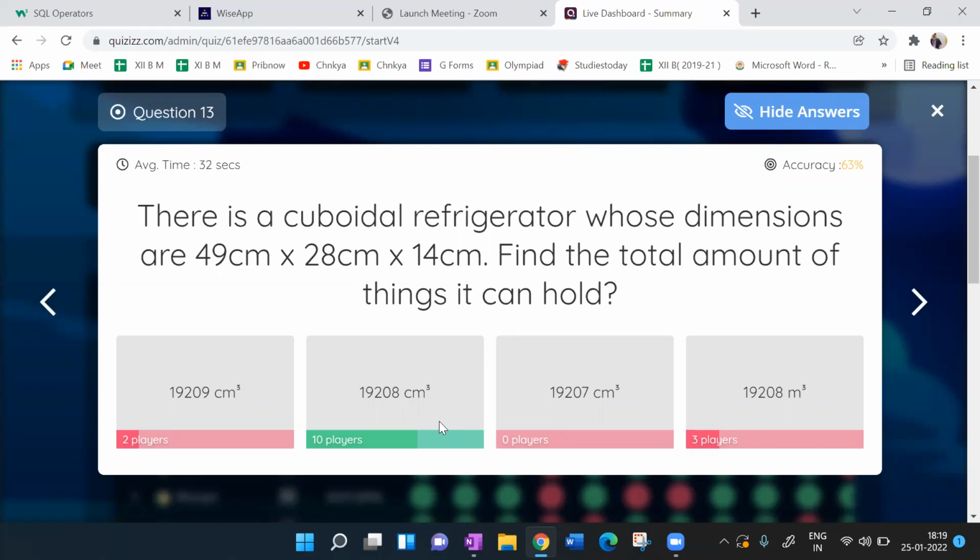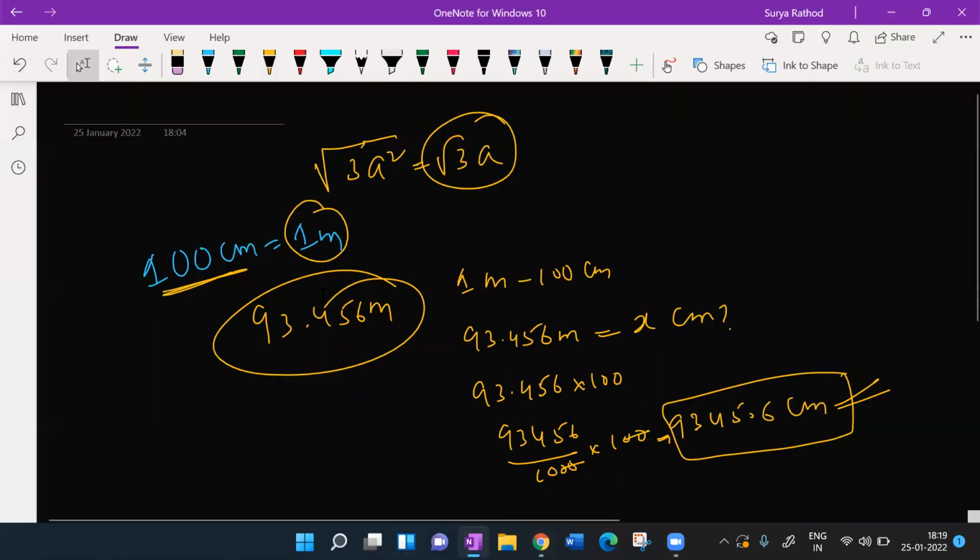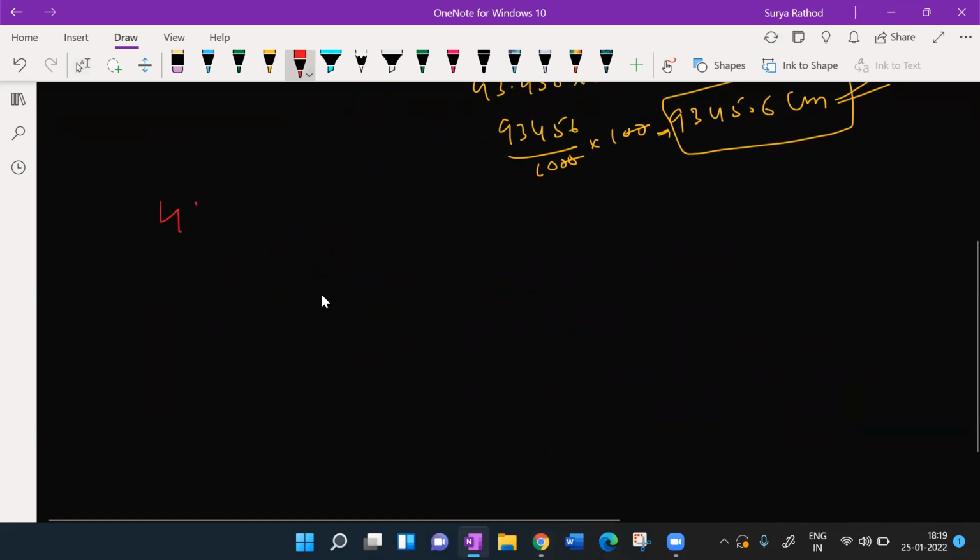Let me write here if you don't understand. What were the dimensions? 49 into 28 into 14, everything given in centimeters, right? 9 times 8 is 72, so 2. Or else, if you don't understand this way, 4 times 8 is 32, right?